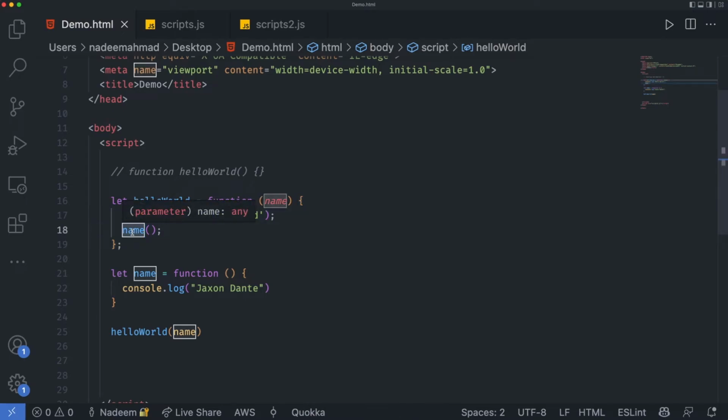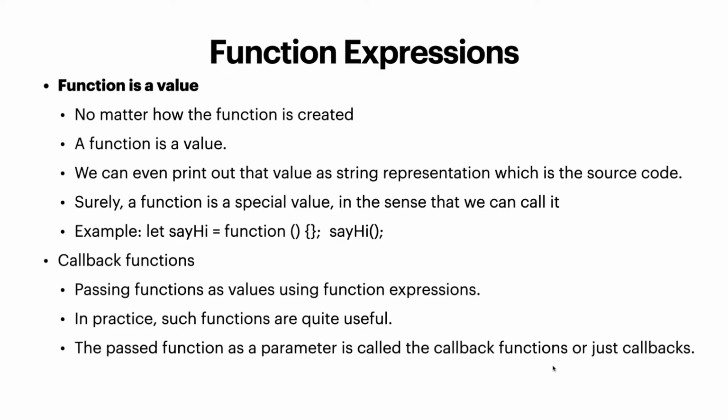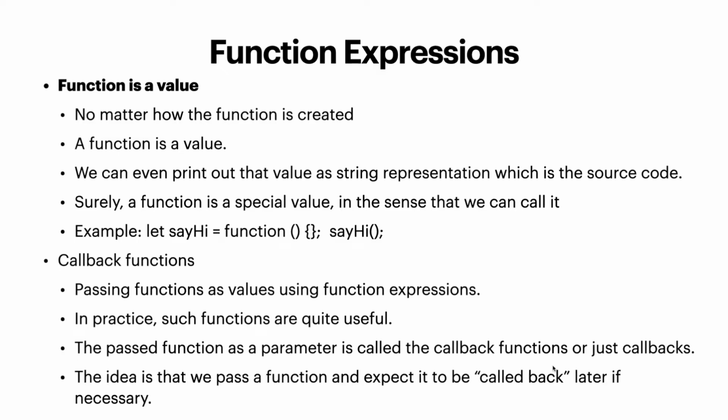Then you can just pass that function as a parameter, and this function will be called. This is why we call it a callback function. The idea is that we pass a function and expect it to be called back. So we expect the function that we are passing this callback to, to call it back. That's why we call it a callback function.